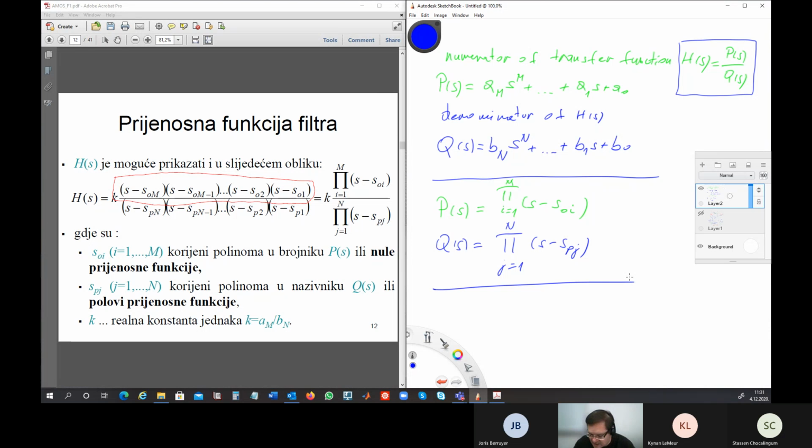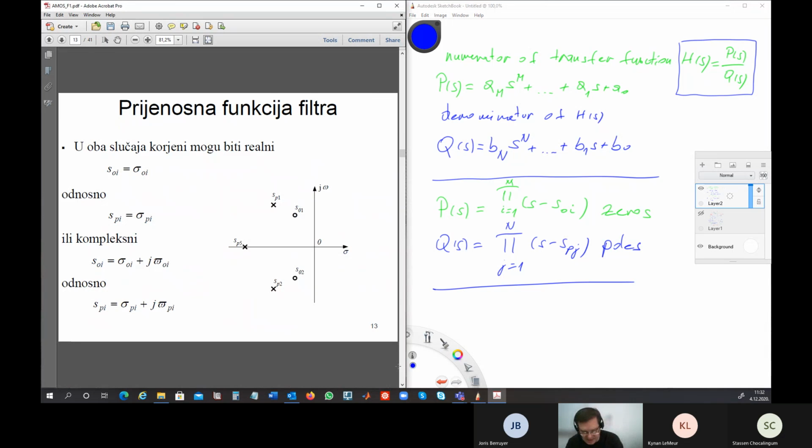The roots of the polynomial in the numerator we will call zeros. The roots of the polynomial in the denominator we will call poles.